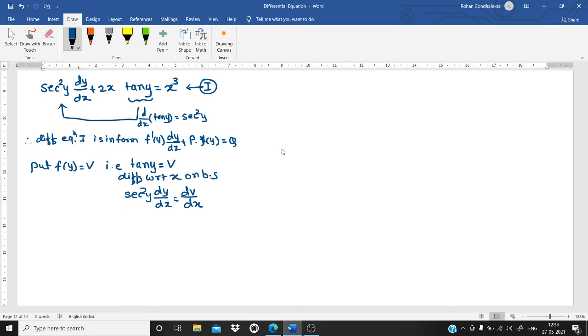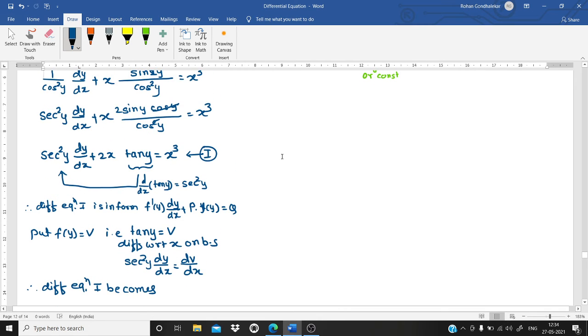So your differential equation 1 becomes dv by dx plus 2x into v is equal to x cube. Is this okay? Fine. Now what is the integrating factor?